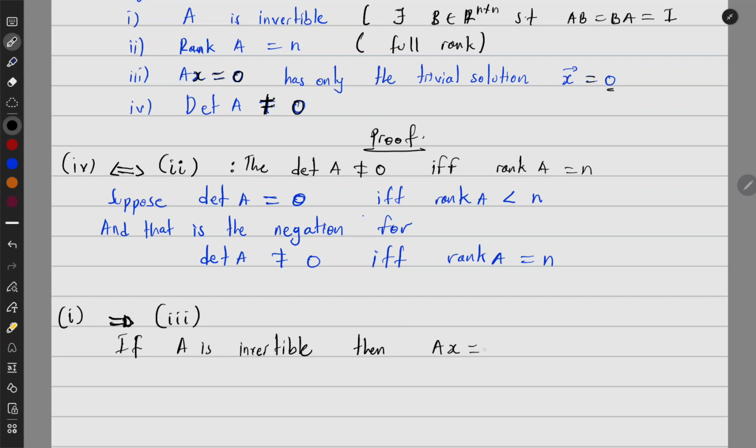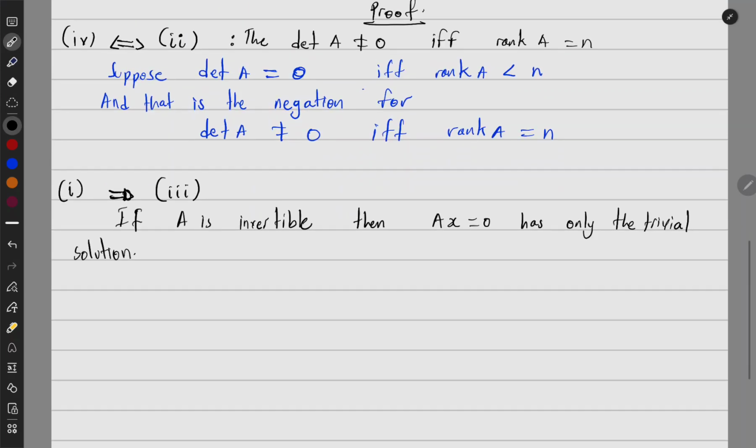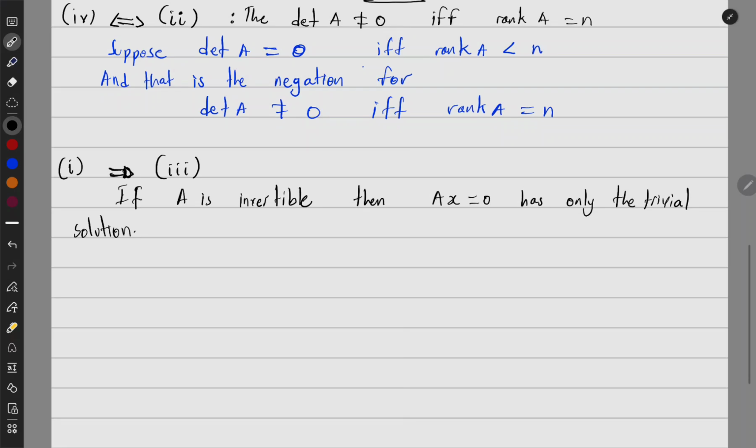Then Ax equals 0 has only the trivial solution. If A is invertible, then that has only the trivial solution. In my case, whenever I'm proving this, this is an if situation. So meaning they are supposing that A is invertible.